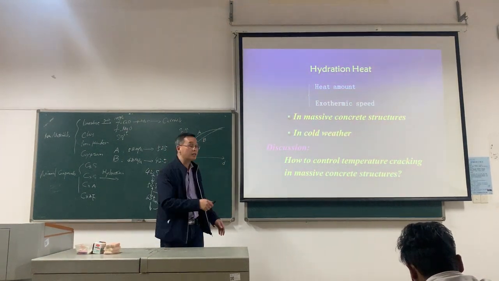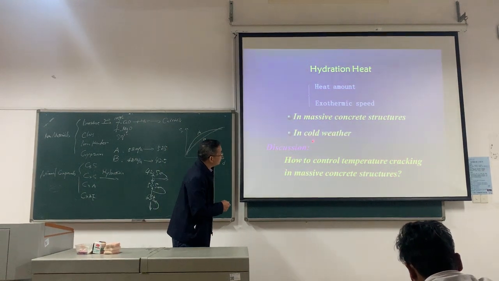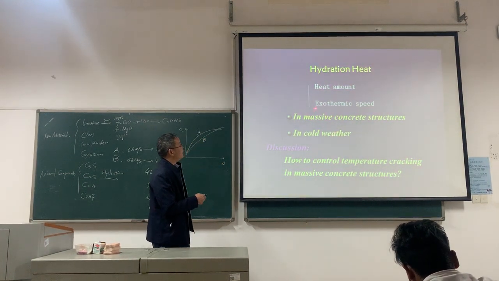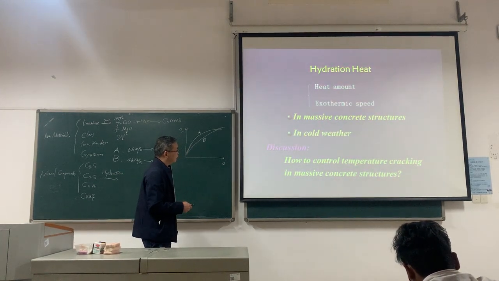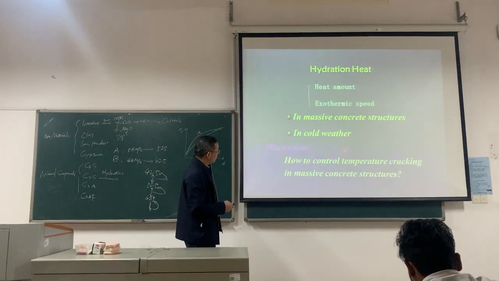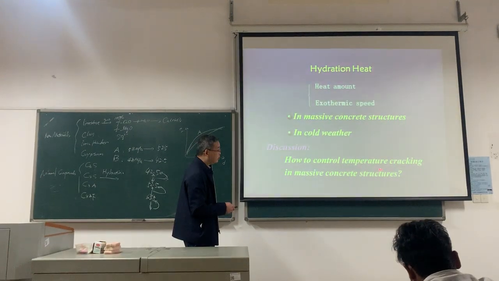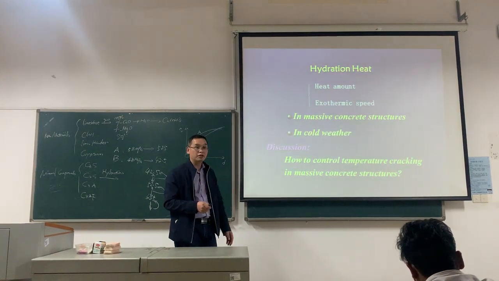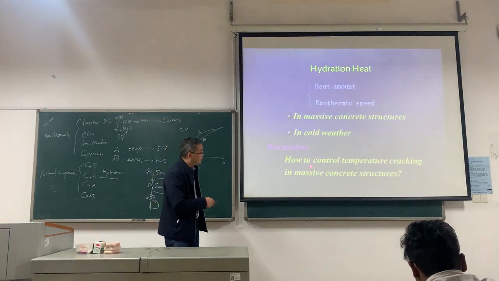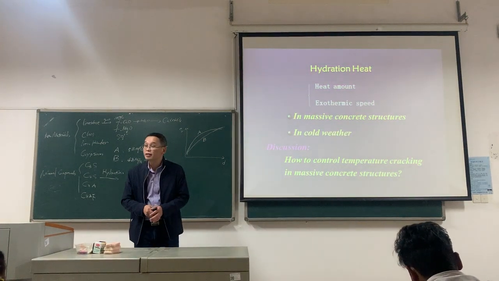They belong to massive concrete structures. And in cold weather, the hydration heat is very important to control. So maybe there is a discussion on how to control temperature cracking in massive concrete structures. How to control the temperature cracking? What is temperature cracking?